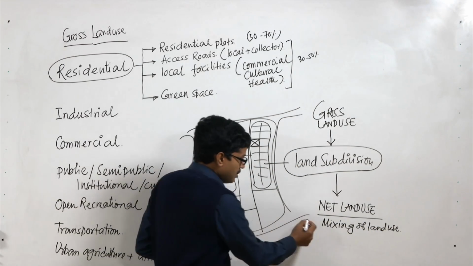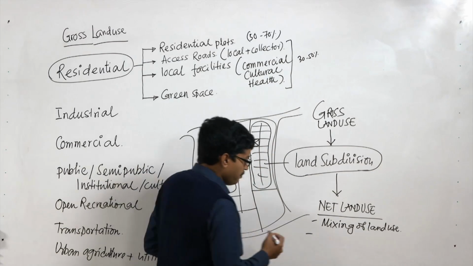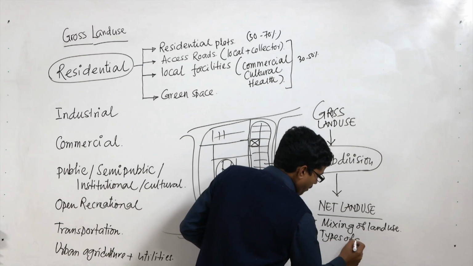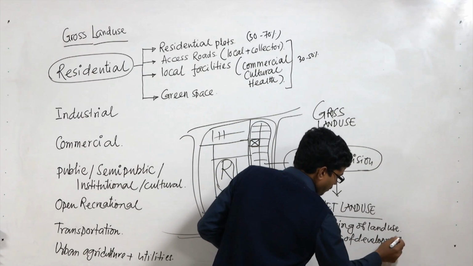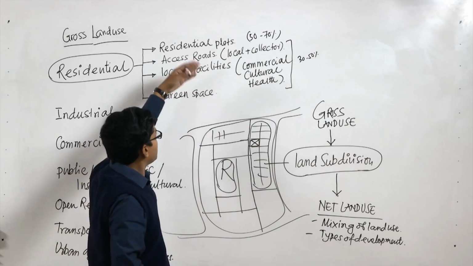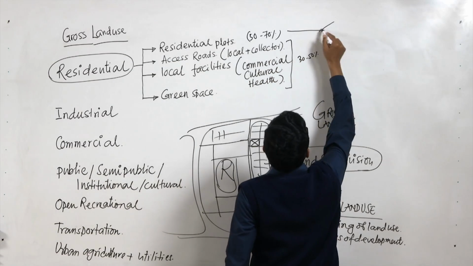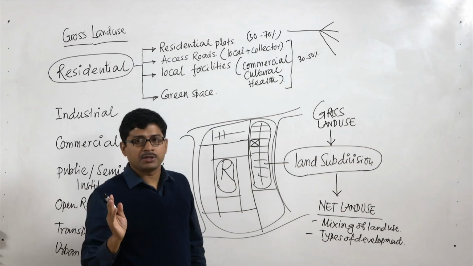is exercised. Not only that, at the net land use level, the types of development are determined, like these are the types of development, and within the residential plot we can go into further detail on what kind of residential plot, which types of housing, as per our earlier discussion, we can develop.